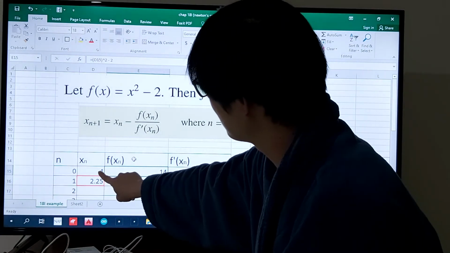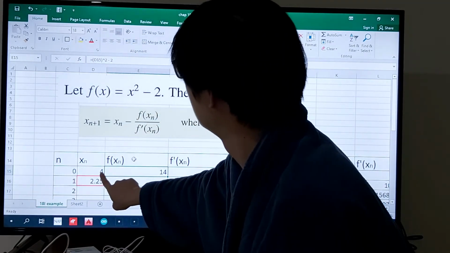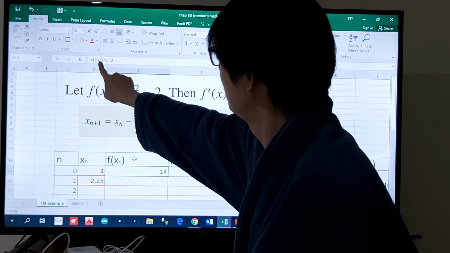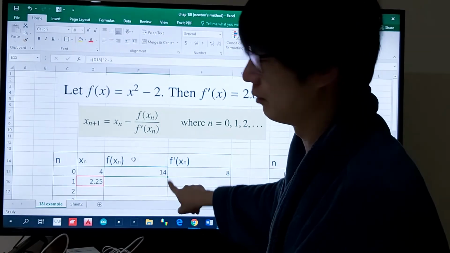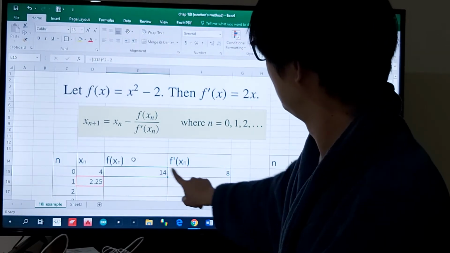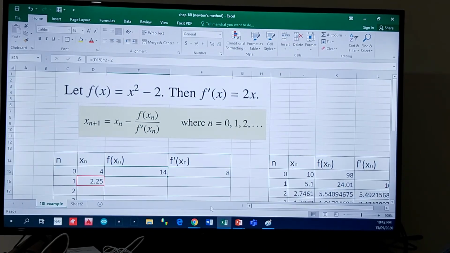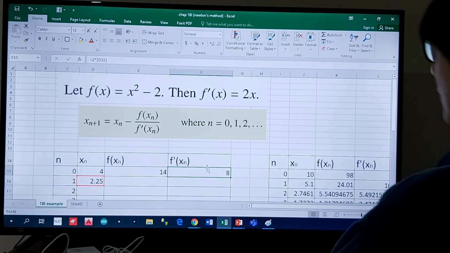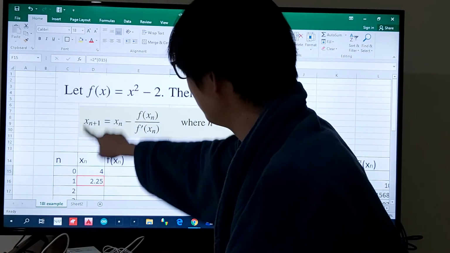The position of this 4 is D15. So D15 squared minus 2. Once you press enter, you get 14. This number is 2x, so 2 times D15.